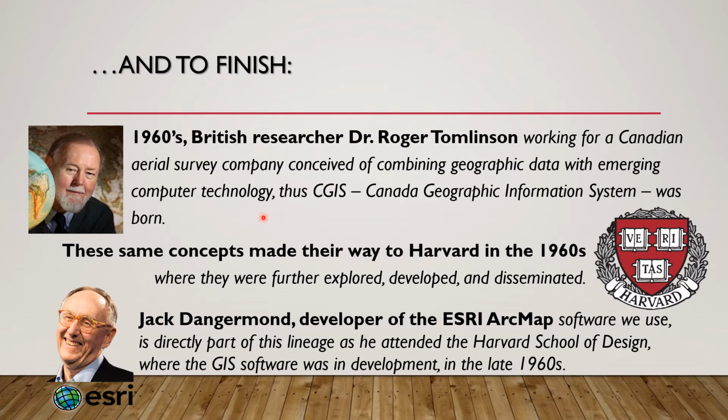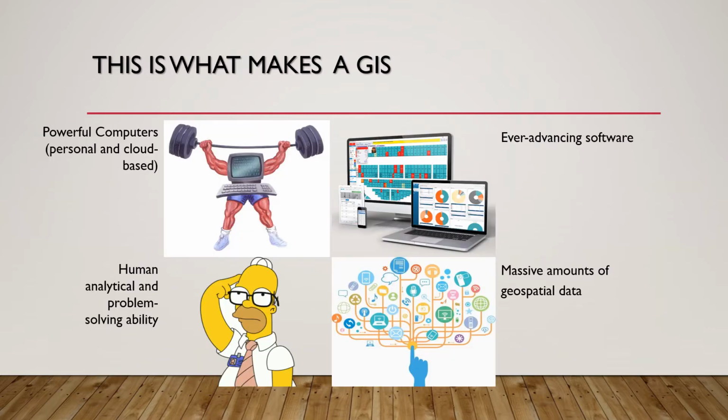He and ESRI, which stands for Environmental Systems Research Institute, have been instrumental in pushing forward the technology over the last over 50 years now. There are other groups that create their own GISs, but ESRI is by far the heavy hitter in the industry, and it's who we use for our own software systems.